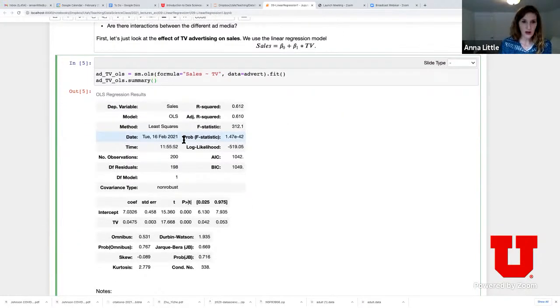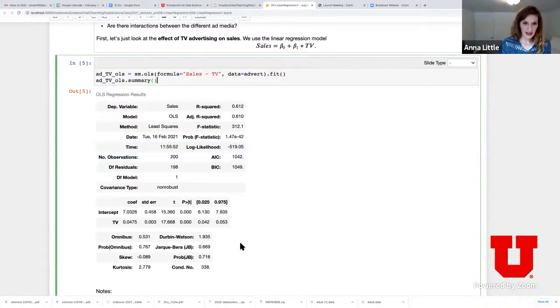the regression. So what you notice is a lot of different information, probably more than you want to look at. Some of the really important things you want to look at, though, are the R squared and this F statistic and p-value associated.